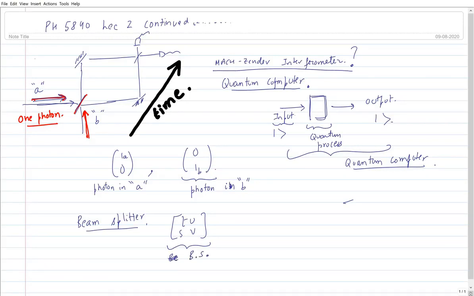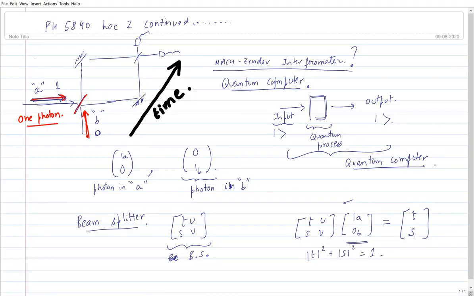So I'll have my input state. Photon here, one photon here, and maybe nothing here. And I'll have some sort of an output. I'll have T and I'll have S. Now, of course, unitarity demands that T square plus S square is 1.